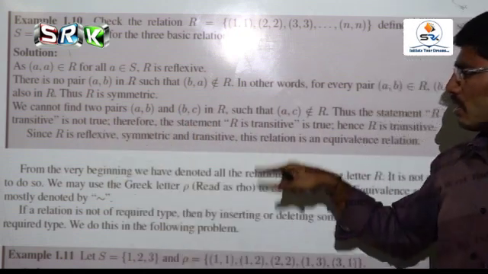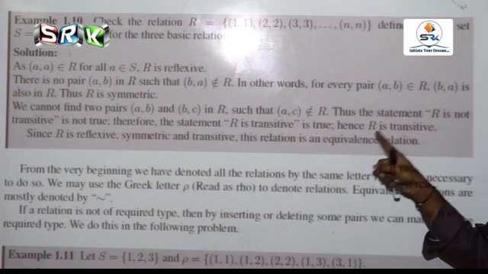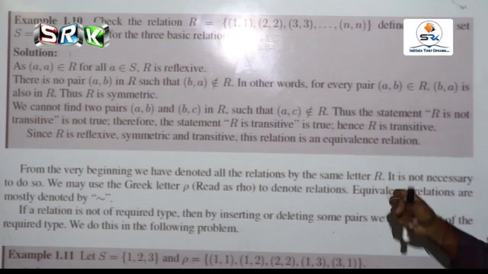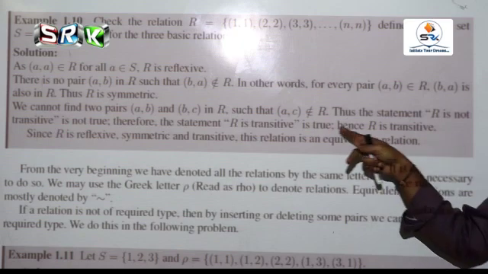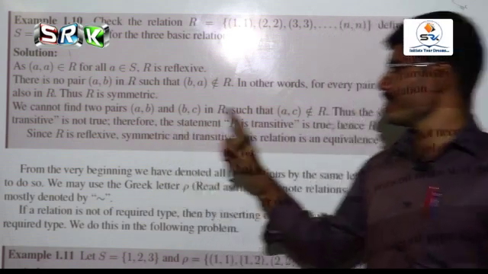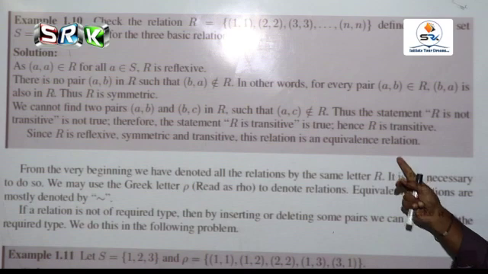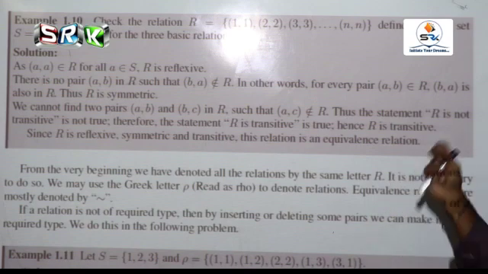Therefore, the statement 'R is transitive' is true, hence R is transitive. Since R is reflexive, symmetric and transitive, this relation is an equivalence relation.